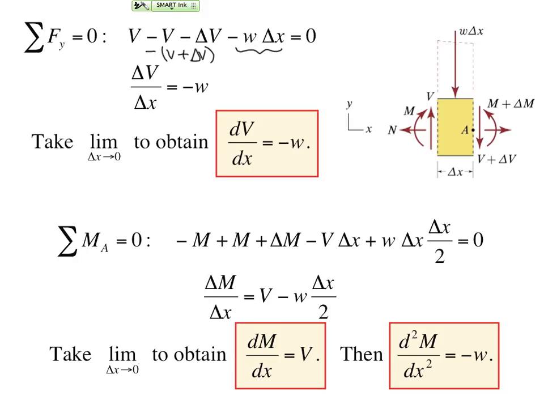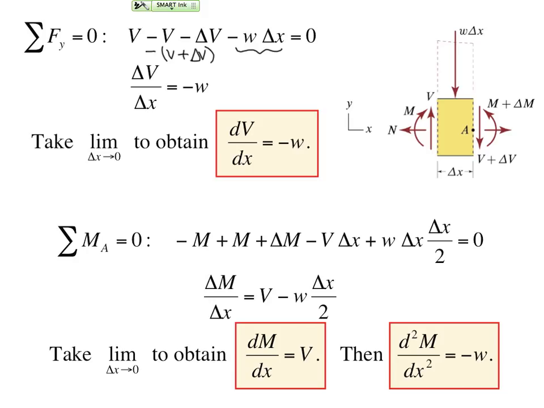If W of x is described as a polynomial function of order n, then V of x is a polynomial function of order n plus 1, and M of x is a polynomial function of order n plus 2. Note also that in most instances, the slope of V of x is negative because W of x is pointing down, and that direction has already been accounted for in the derivation of our equations.